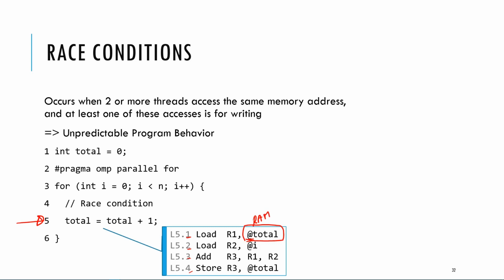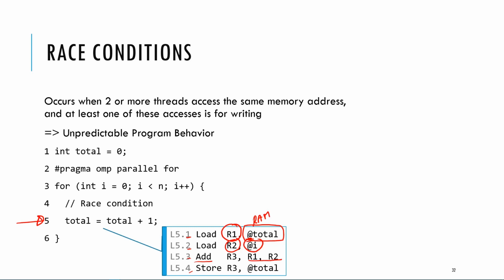The CPU will first load this value to a certain register inside the CPU, and will load the value of i to another register, to be able to perform the addition of R1 and R2. The CPU cannot perform the add instruction directly inside the RAM, so it needs to add the values that are locally stored within the registers of the CPU.